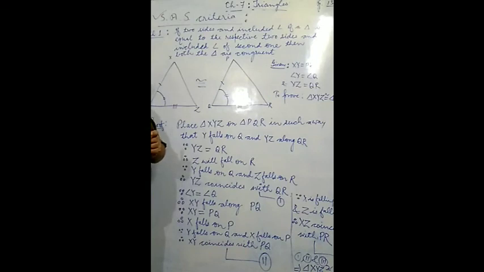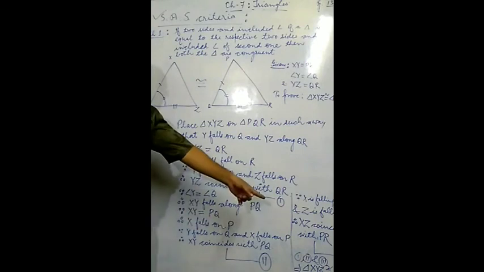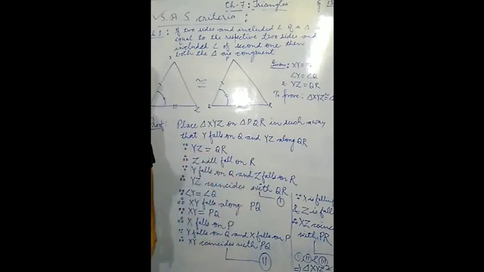After that summary you will note down this theorem number first, that is the side angle side criterion, and it is verified, and we have just justified how two sides and the included angle equal to two sides and the included angle of the second. So both the triangles are congruent, having same shape and size.